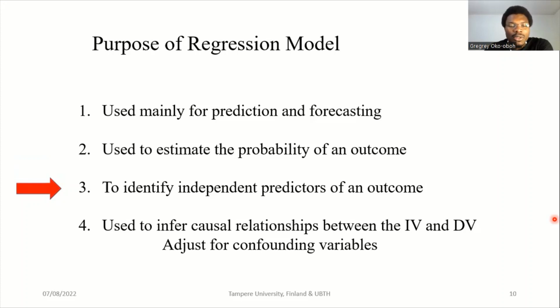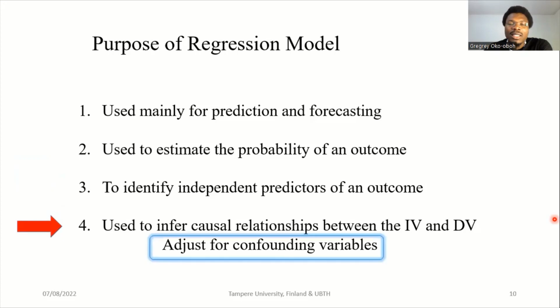But most importantly, regression is needed to infer causality, or to infer causal relationship between the independent variable and the dependent variable, especially in instances where the research question is either etiologic or interventional in nature.